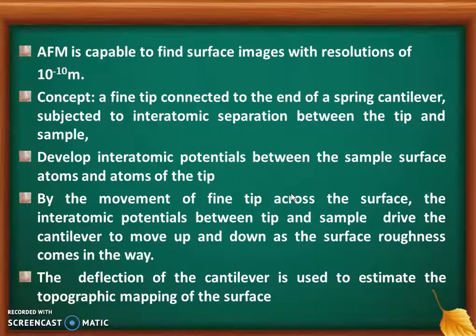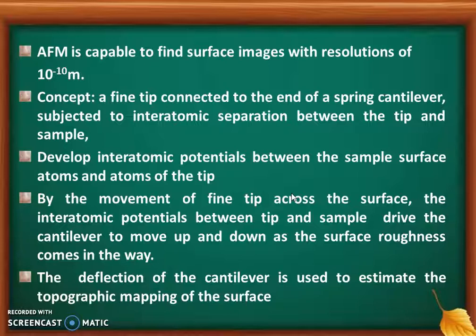A fine tip is connected to the end of a spring cantilever, which is subjected to interatomic separation between tip and sample surface. The interatomic potential is developed between the sample surface atoms and atoms present on the tip surface.